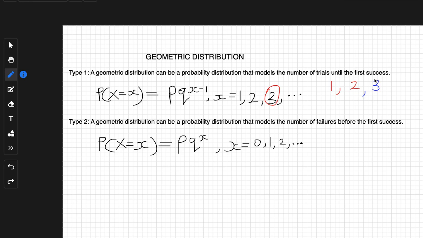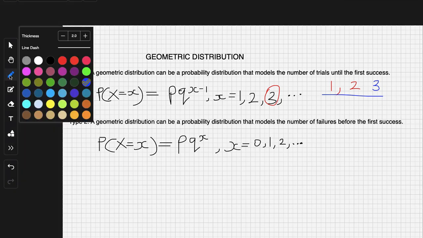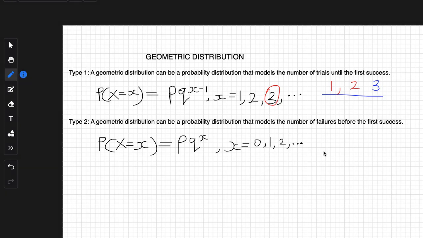So we are counting the failures as well as the attempts, but here we are only going to be counting the failed attempts. So it means that if we tried and got success the 3rd time, we will only count the first time and the second time because we use the word before the first success. Because of that, we are not going to count the 3rd attempt.